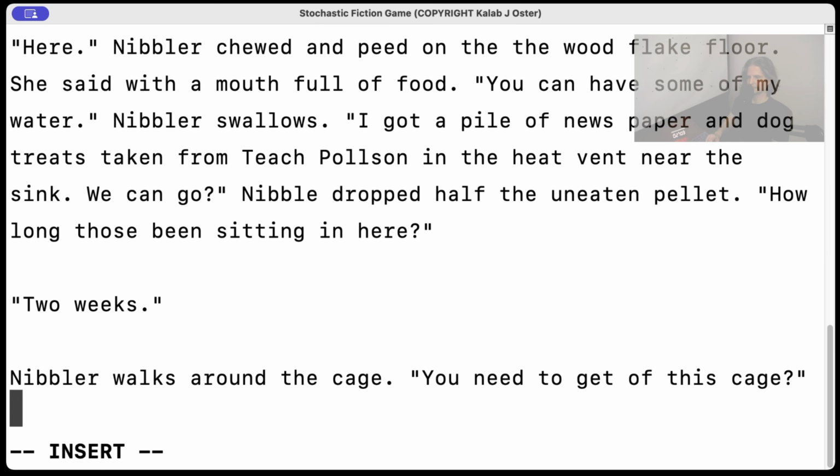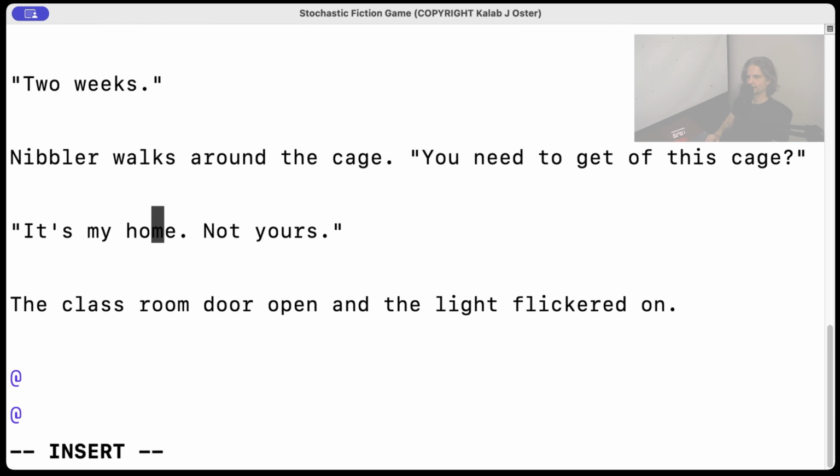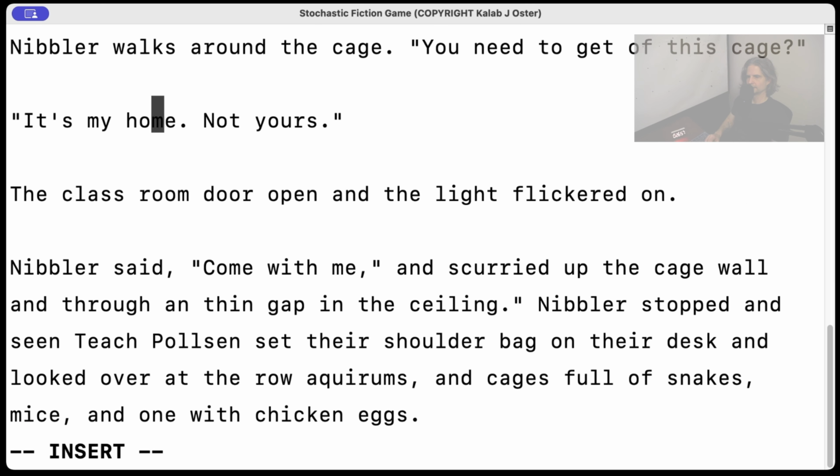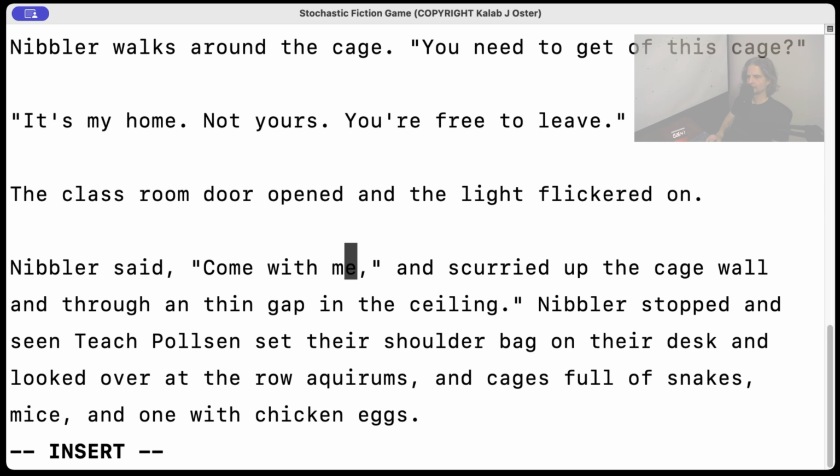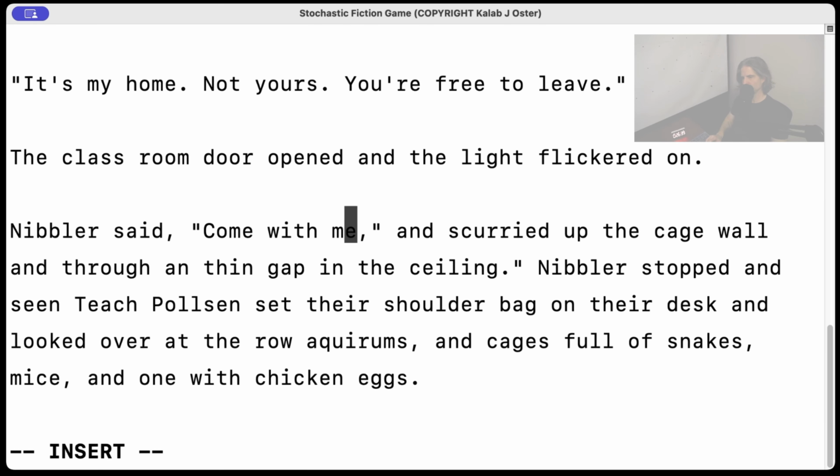So 2 weeks, Nibbler walks around the cage. You're free to leave. The classroom door opened, and the light flickered on. Nibbler said, "Come with me," and scurried. Nibbler stopped.